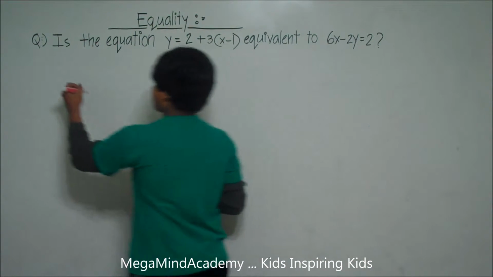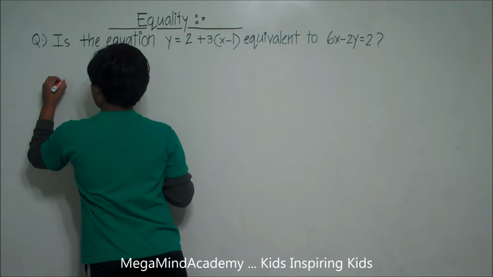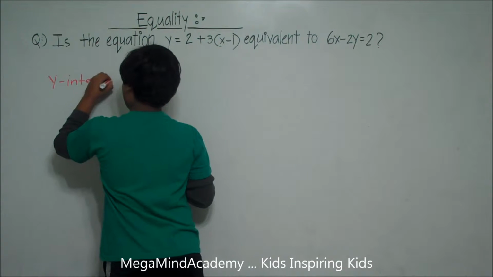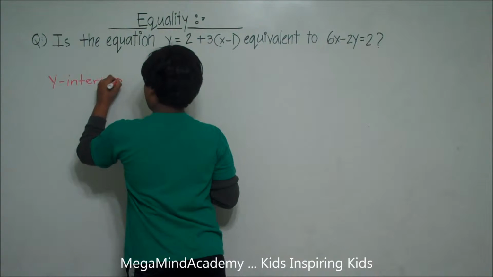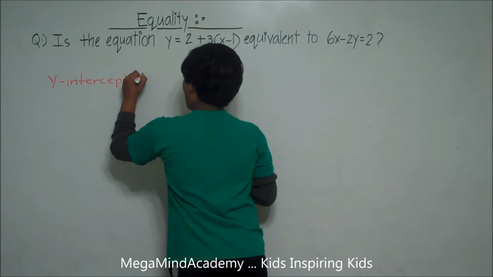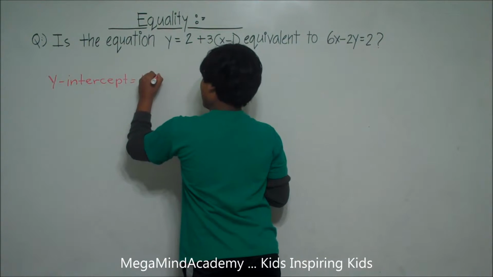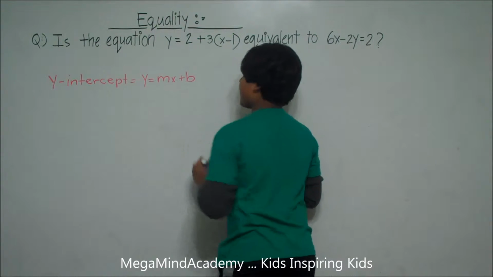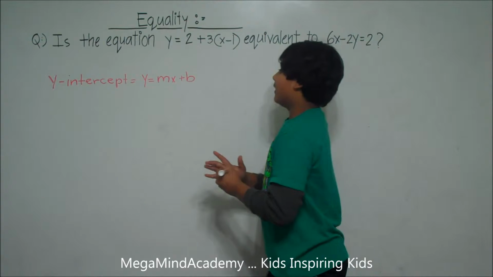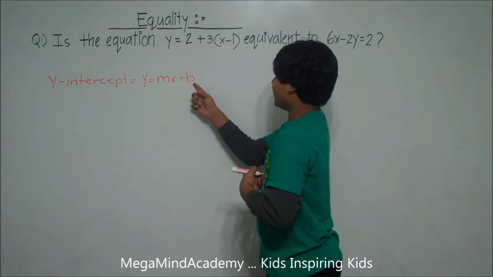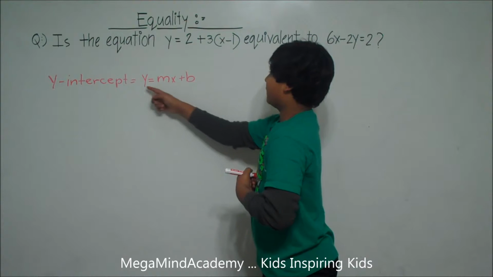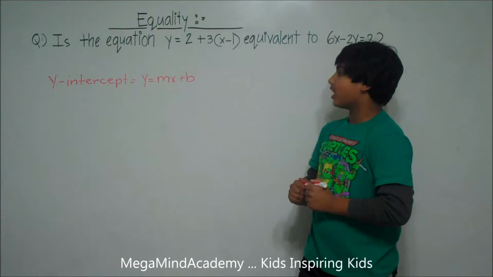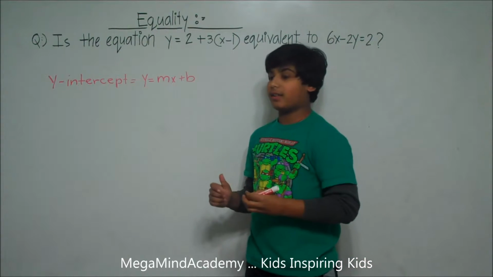So the y-intercept form is y equals mx plus b, where m is the slope, b is the y-intercept, and x and y are the coordinates. So, let's start with finding out if they're equivalent.